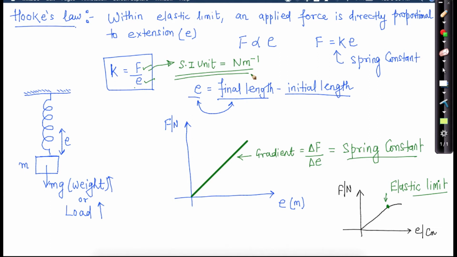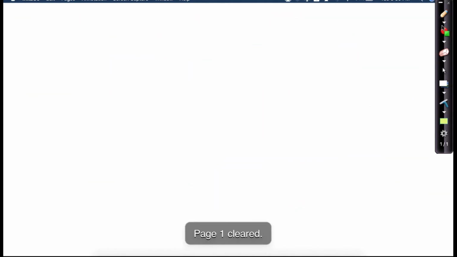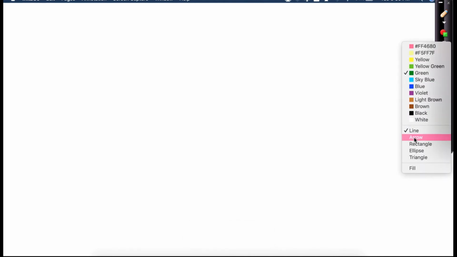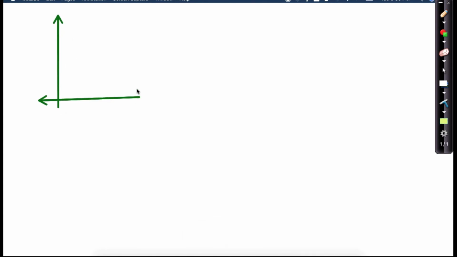Right, let's talk about some more cases. In the same force extension graph. So let's say this is the force extension graph, and the graph is something like this.